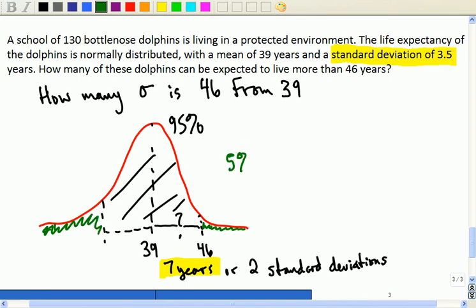So 5% in green, which means this has 2.5 of it, and this has 2.5. Okay. So we'll talk more about the 68, 95, 99.7 rule when we get to your tutorials, but that's where we're going to stop the normal distribution for now. Okay?